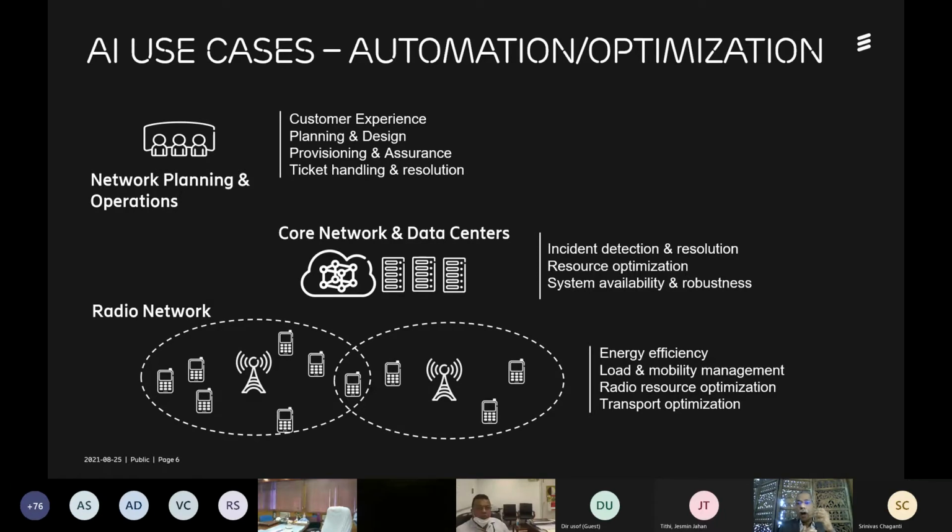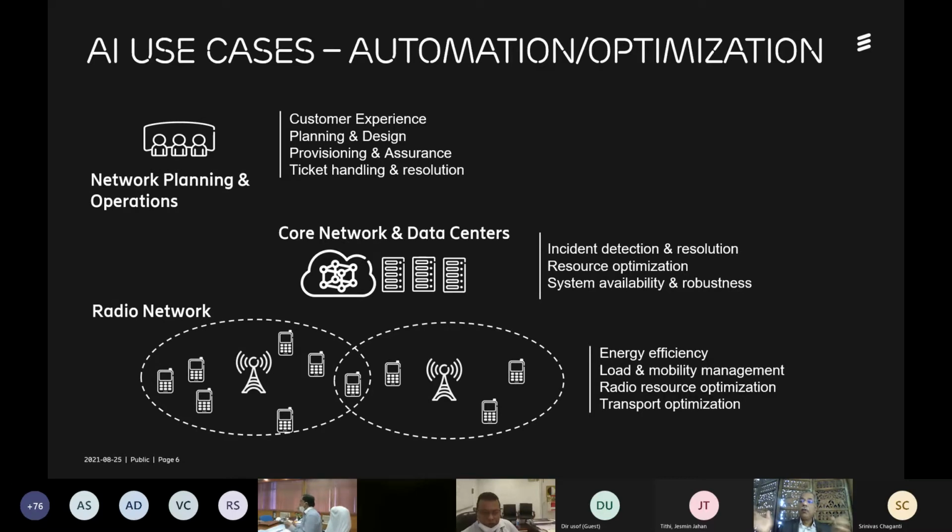How do you optimize customer experience? We have had use cases. One interesting use case was to look at vehicular traffic congestion. When you are stuck in traffic, it's likely that more people are using the radio network in that congested part of the roadway.